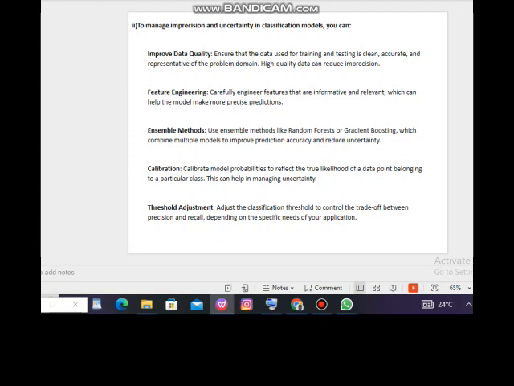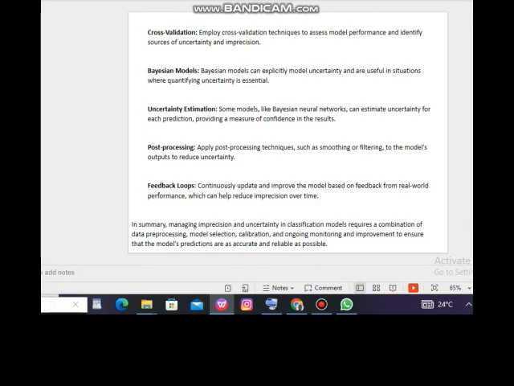Threshold adjustment. Adjust the classification threshold to control the trade-off between precision and recall, depending on the specific needs of your application. Cross-validation. Employ cross-validation techniques to assess model performance and identify the source of uncertainty and imprecision.